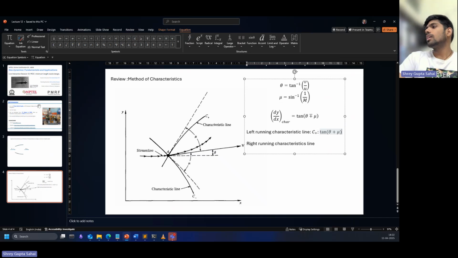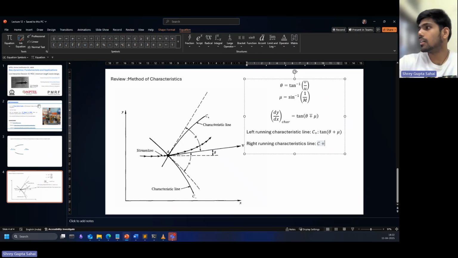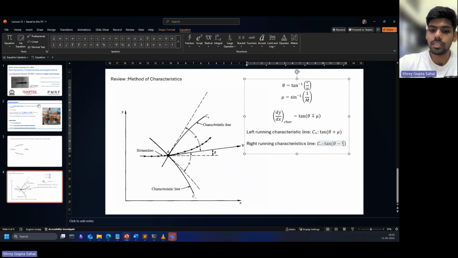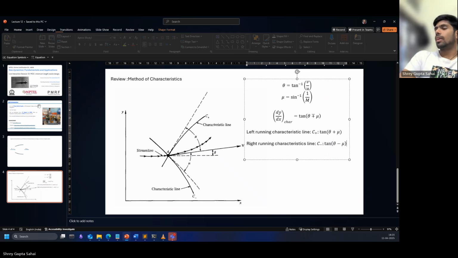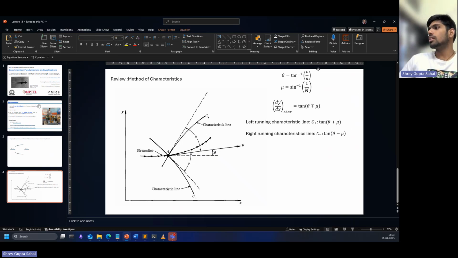Similarly, there is the right running line, which we denote as C minus, oriented by theta minus mu. This is the first result that we will need later on.